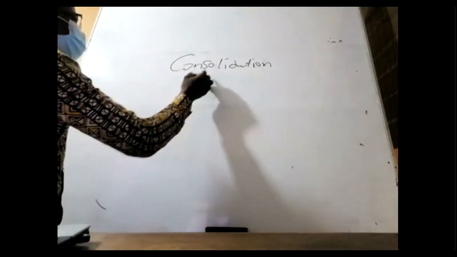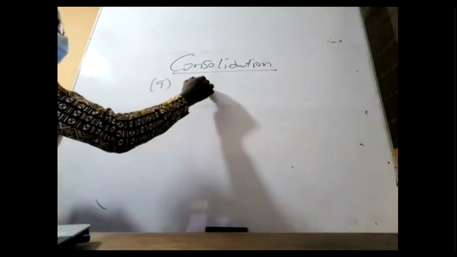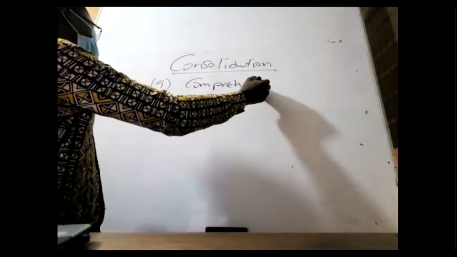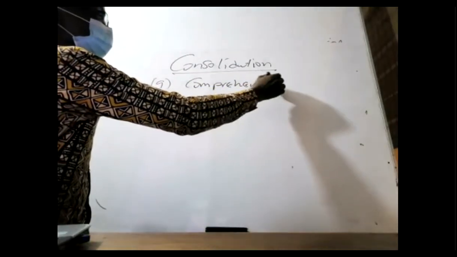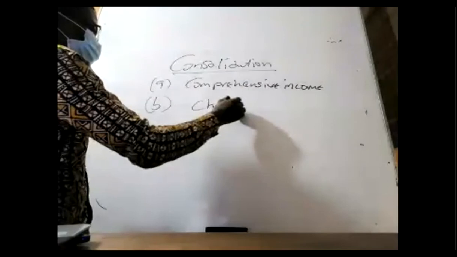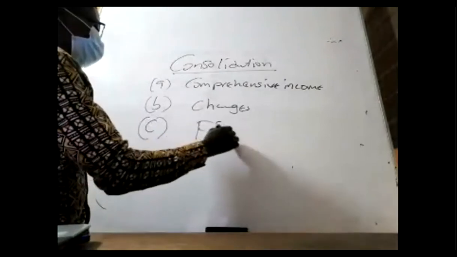In consolidation, the financial statements are the financial statements that we are going to consolidate. We are going to consolidate the comprehensive income. We are going to consolidate changes in equity. Any financial statement at all. We are going to consolidate financial position.